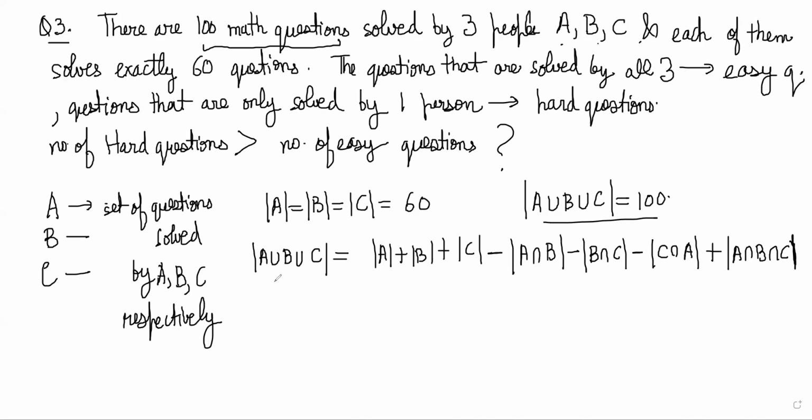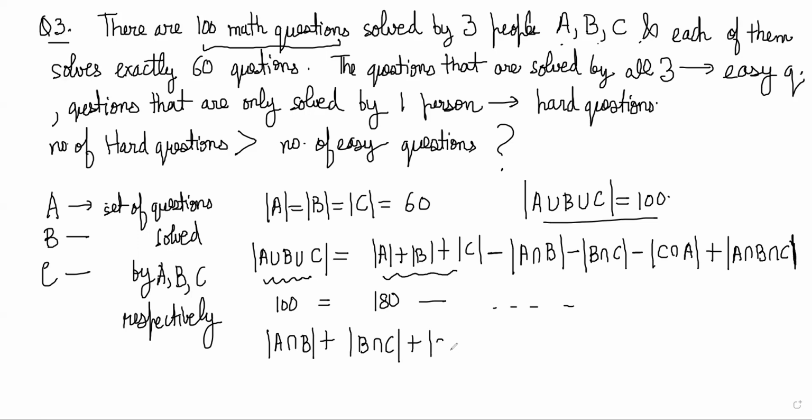Now, using the fact that this is equal to 100 and this is equal to 60 plus 60 plus 60, 180, what we conclude from here is mod of A intersection B plus B intersection C plus C intersection A minus A intersection B intersection C is equal to 80.